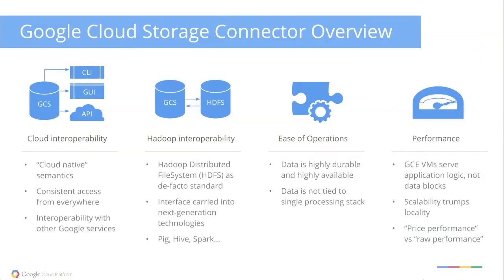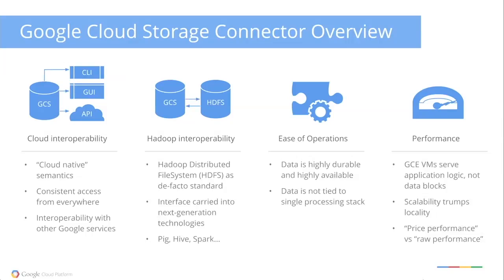So to summarize what we've seen, we have two axes of interoperability here. On the one hand, we have cloud interoperability, where we have the same access and the same behavior from all different cloud services. Importantly, this also means the same access for other Google Cloud services like BigQuery, which can interoperate by sharing GCS as the common data storage.